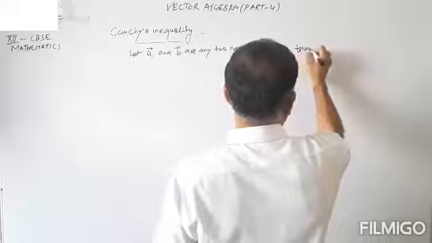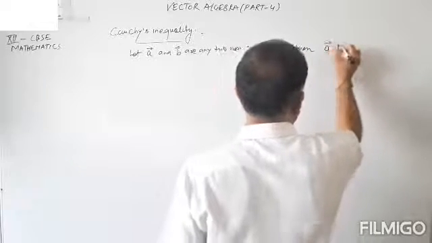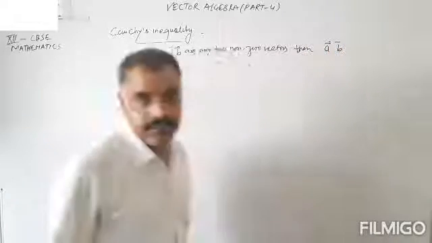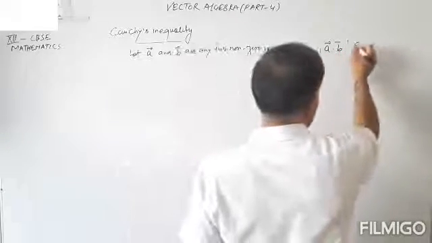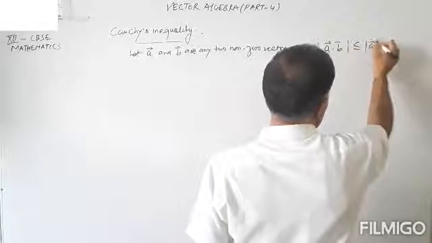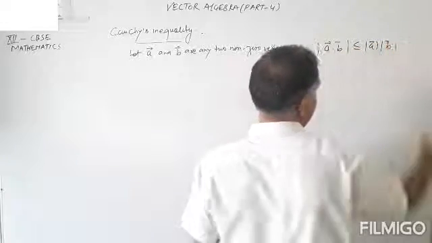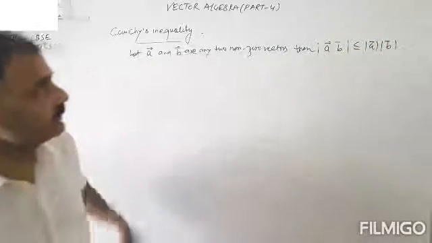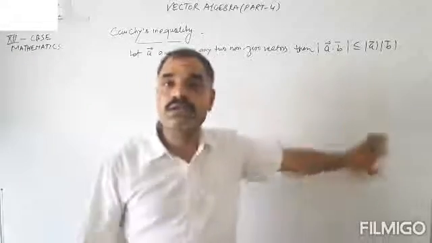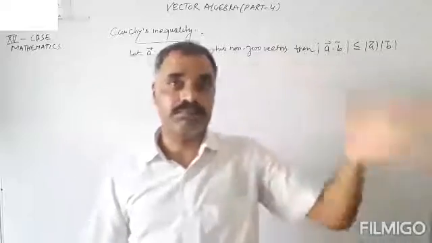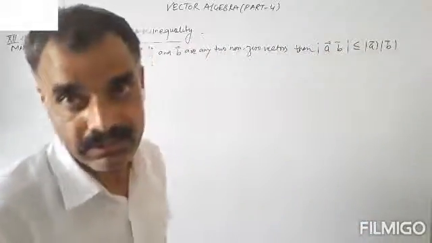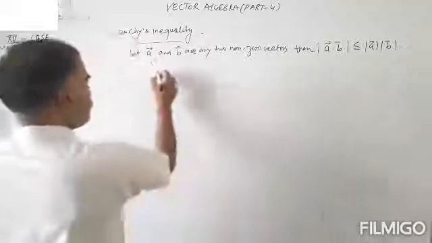Then the magnitude of A vector dot B vector is less than or equal to the magnitude of A vector times the magnitude of B vector. This is Cauchy's inequality. We are discussing here the proof of this inequality.